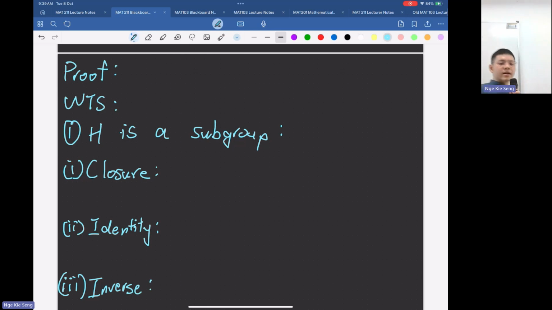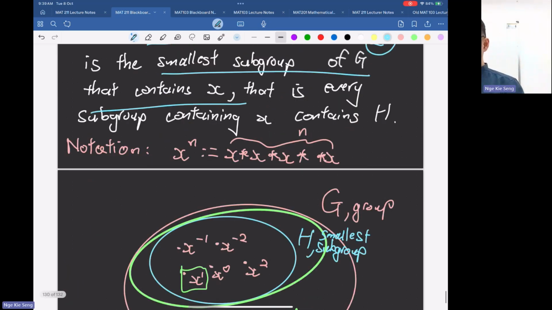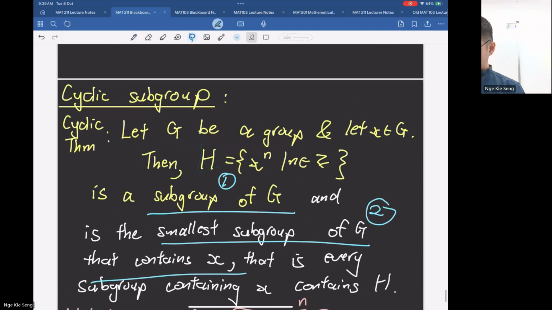Closure means: take any two elements, multiply together, and the result is still inside the group. So take any a, b in H. Do you know more about a and b or not? Let's bring down the definition of H. Yeah, good.